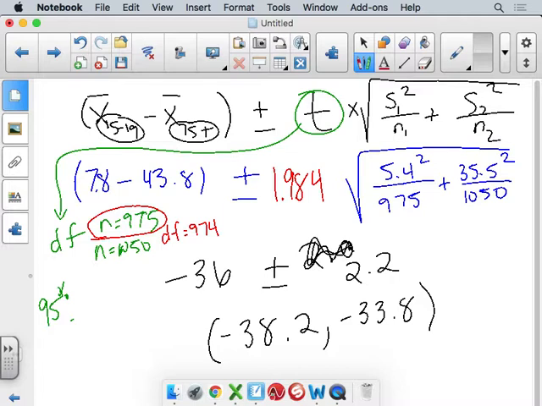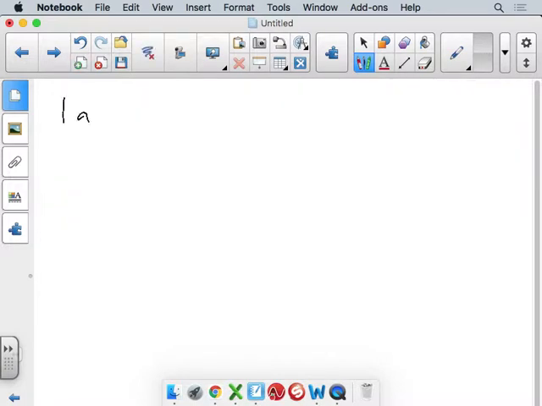I'm going to say, I am 95% confident. And then I can say it like this. I'm going to switch mine over to positive numbers, or you can leave it as negative.